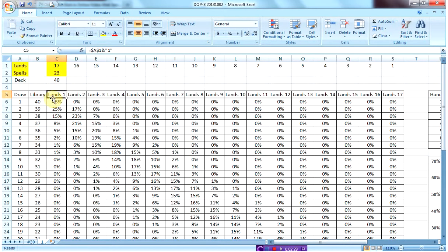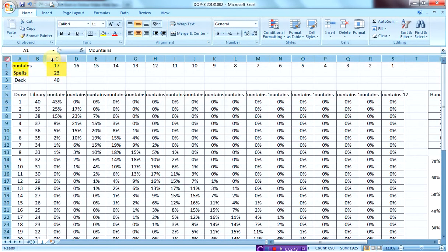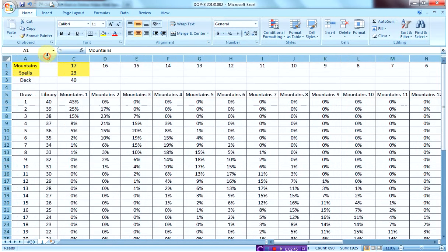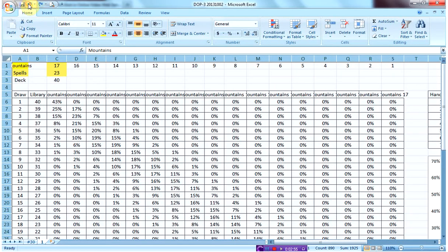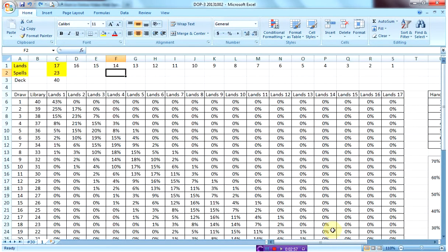Instead of before, this was just typed out lands 1, now it's tied back to this cell with the 1 and so on, so that going forward when I change this, say to mountains, and this spacing is off, it will go through and update that. That's just going to be helpful to me when I start looking at different cases. So I wanted to go ahead and make that change early.